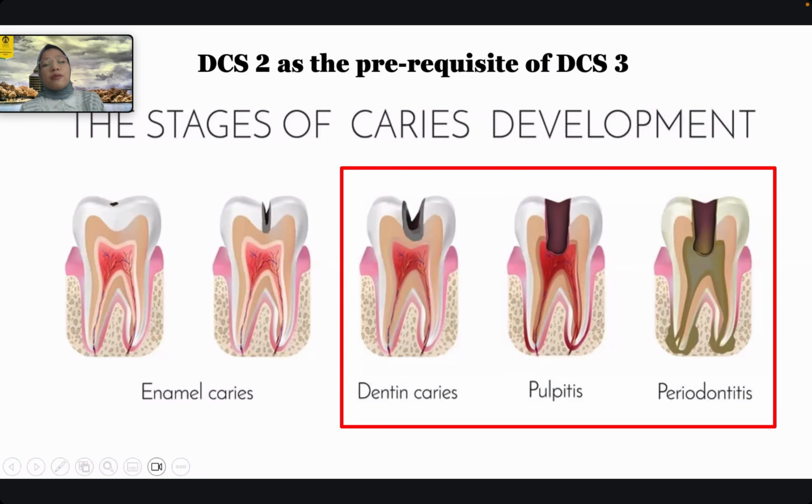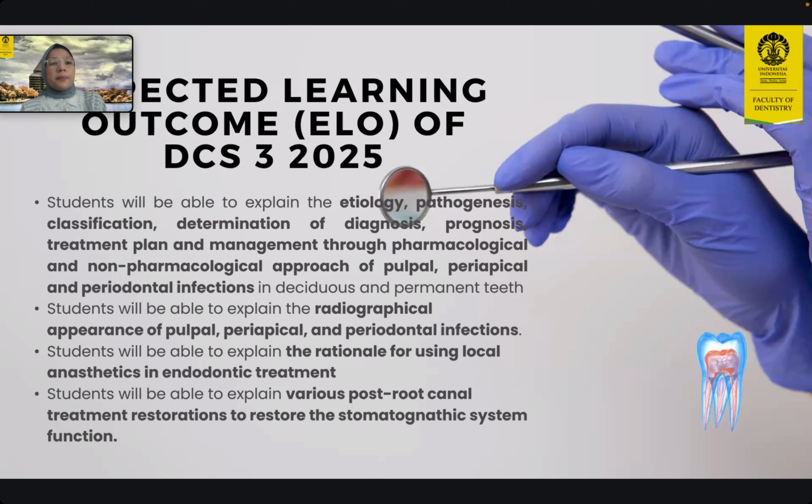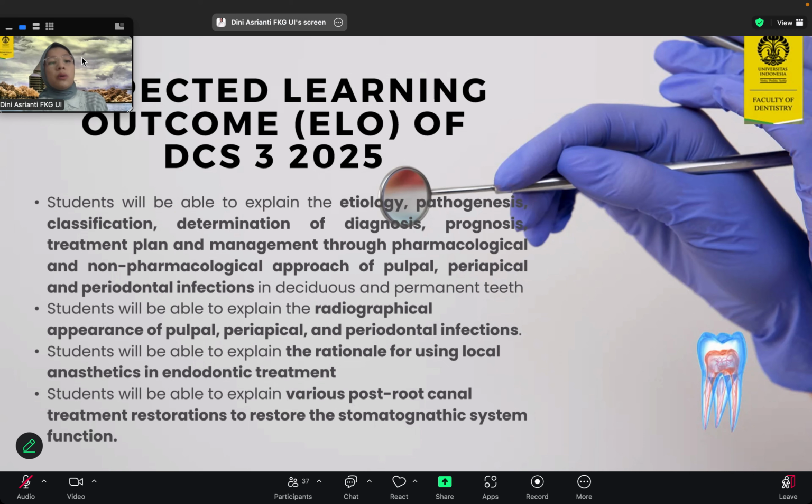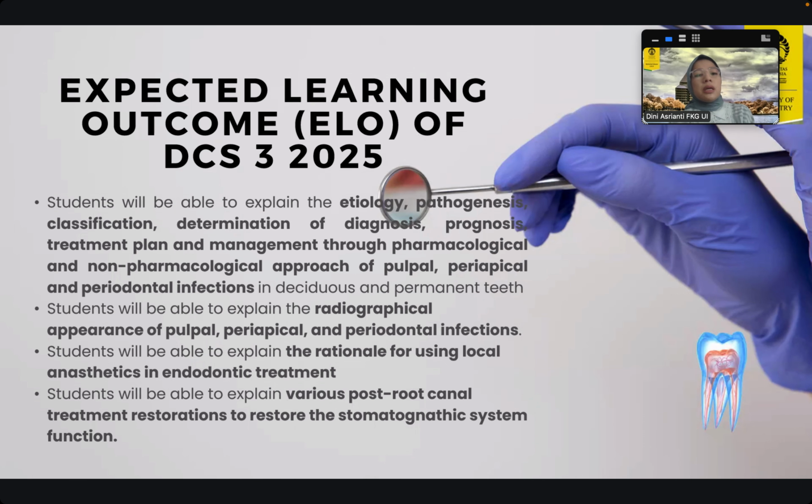So you have to learn about the anatomical condition of the periradicular area as well as the pulp area and the connection. So the expected learning outcome, or ELO, of the DCS3, I think you can read on the syllabus that I already gave the CO, okay? I already gave you the syllabus.